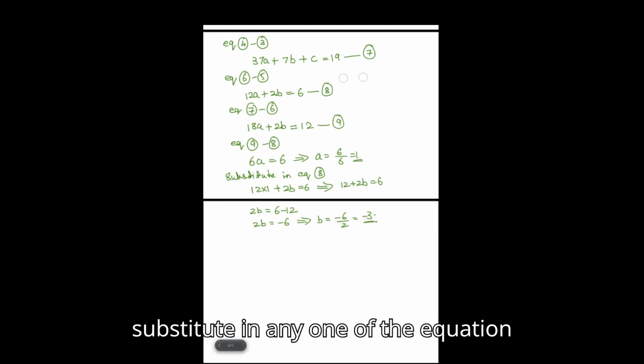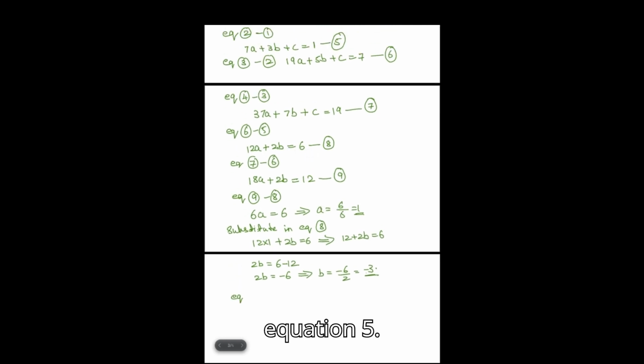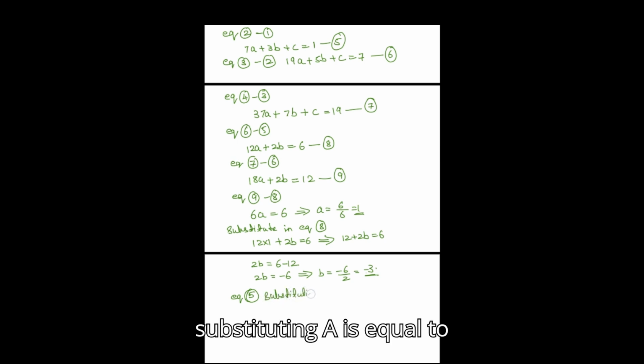Now we can substitute in any one of the equations which has a, b and c. So let us take equation 5, which is simple. 7a plus 3b plus c is equal to 1. Substituting a is equal to 1, b is equal to minus 3.